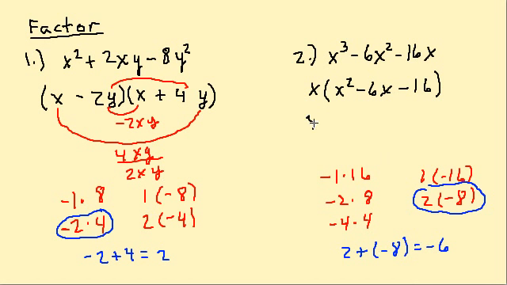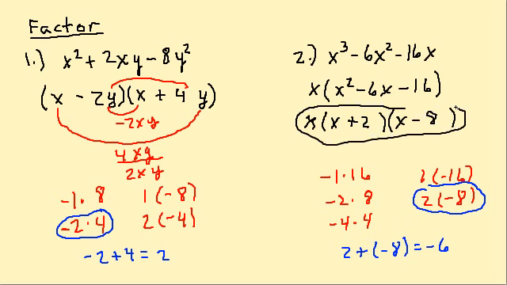So I have x times, and then I need to put my two sets of parentheses, and I've got x and x, because x times x is x squared. And then I'm going to use plus 2 and minus 8. And there's my final answer.